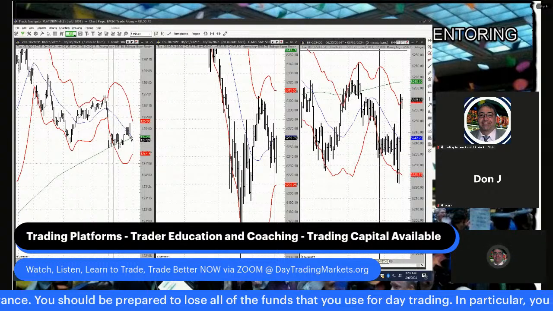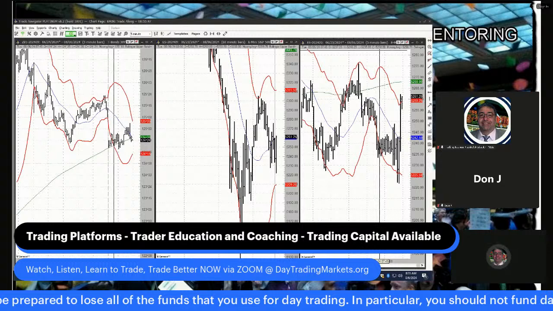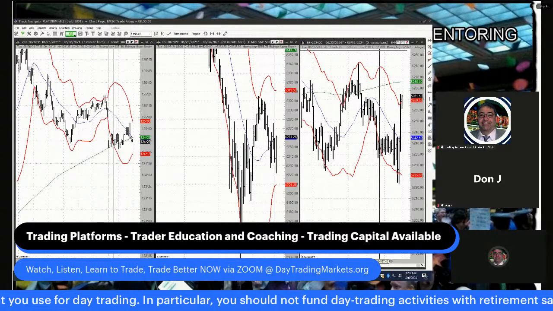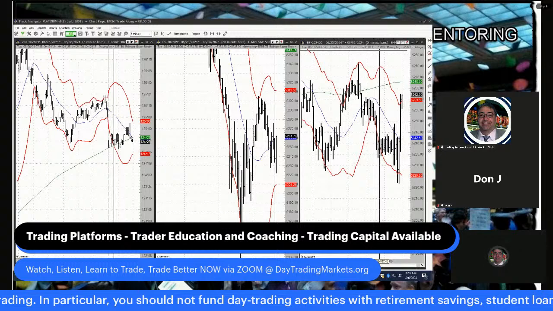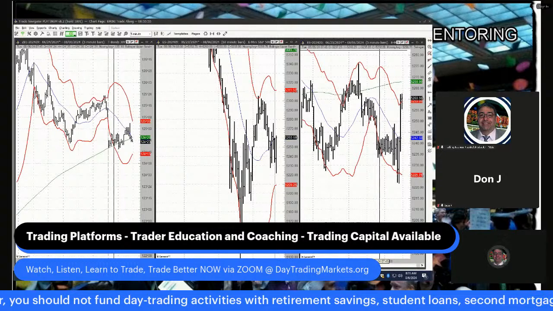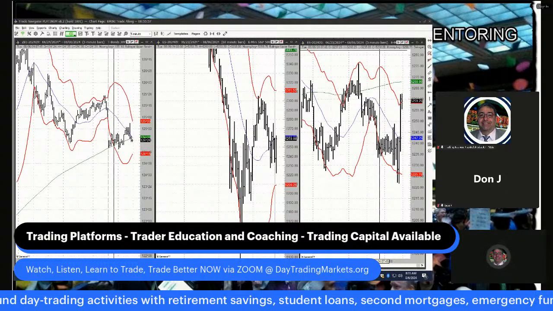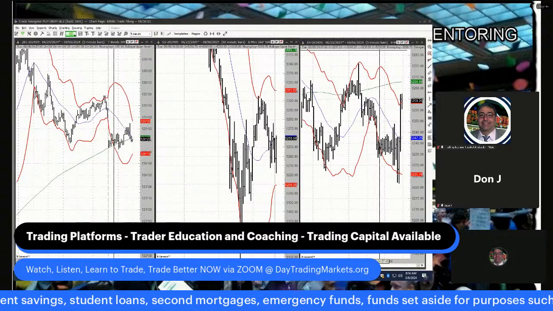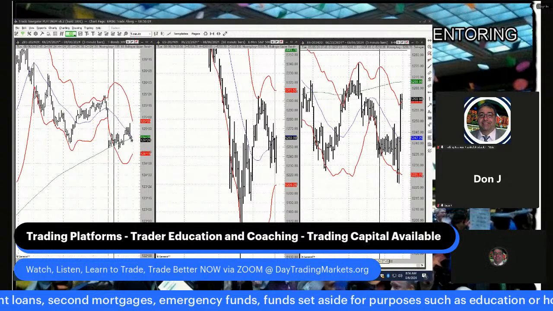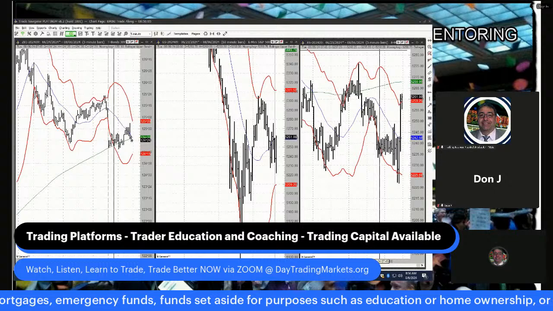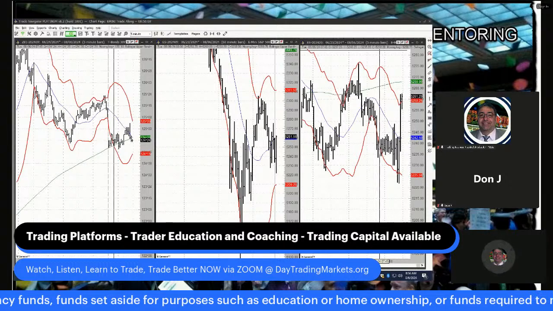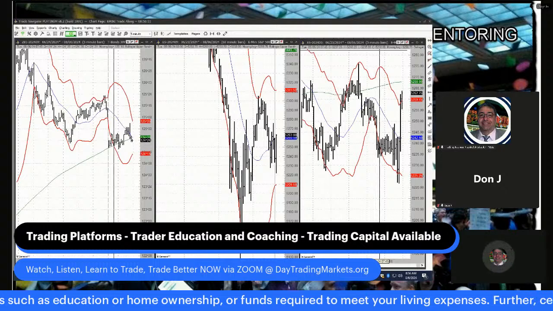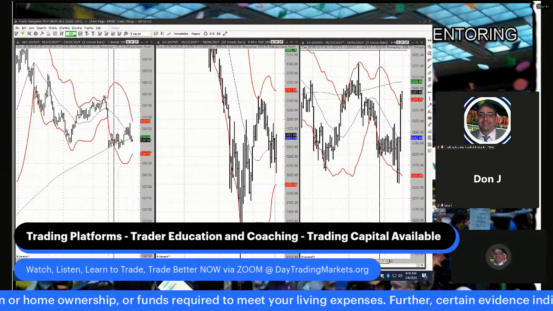All right, got down to 55 and change there against that 63 area. Again, if we come back up here, it's already been tested. Be a little bit careful at 63, even though we didn't get to 63, because we got into 62 and change. We're very close. So if you did jump in there, scaled in there, you should have been able to scale in before that 62 area or right around it.